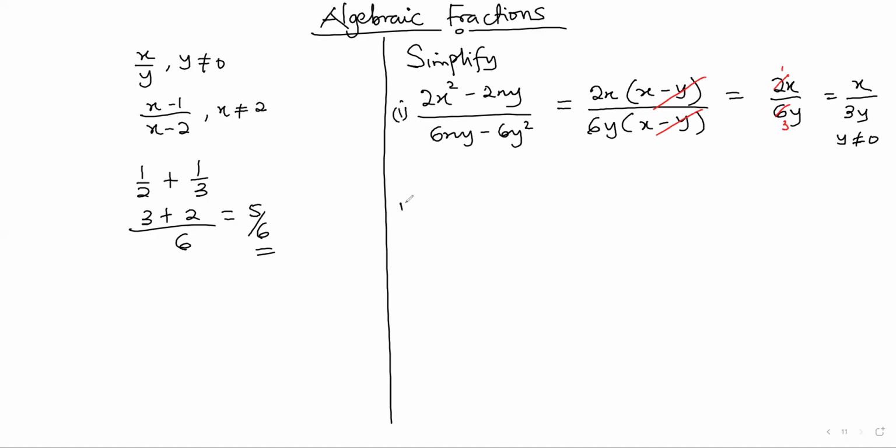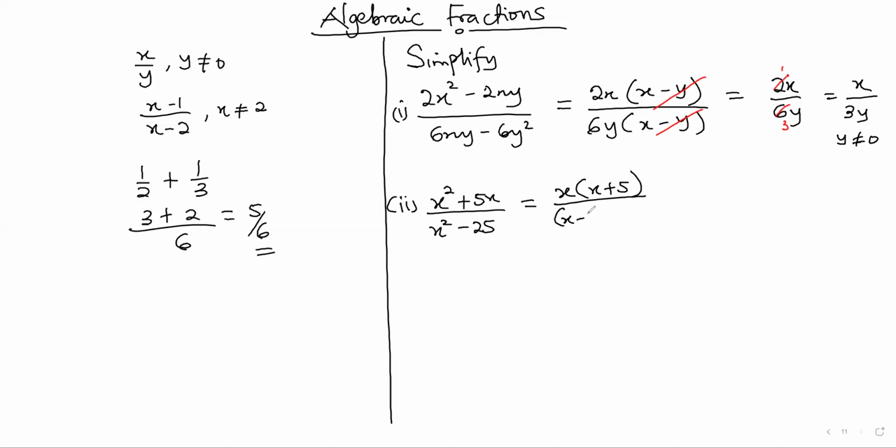Let's take another question. Simplify x squared plus 5x divided by x squared minus 25. So we factorize the numerator first. x is common to both. So you have x times x plus 5, divided by the denominator, which is a difference of two squares, which you have treated already.